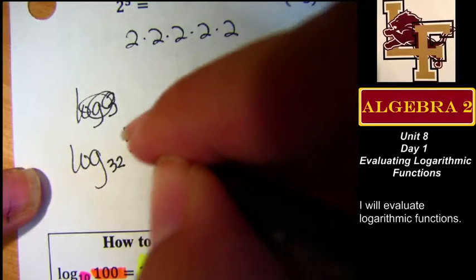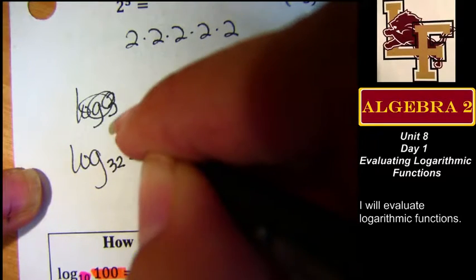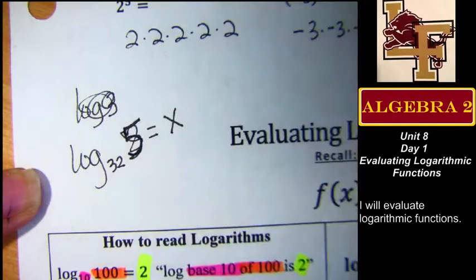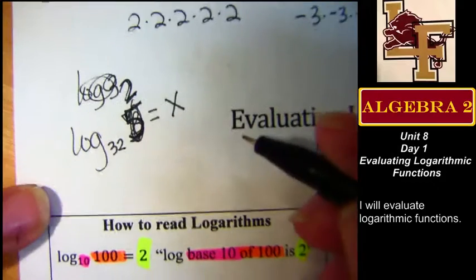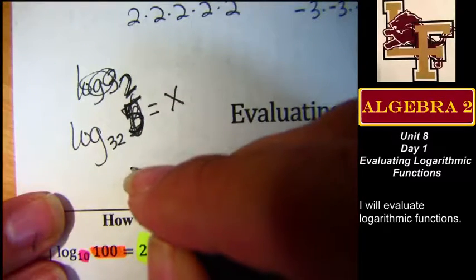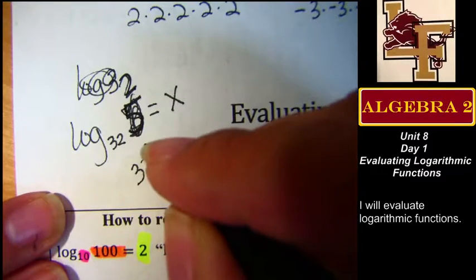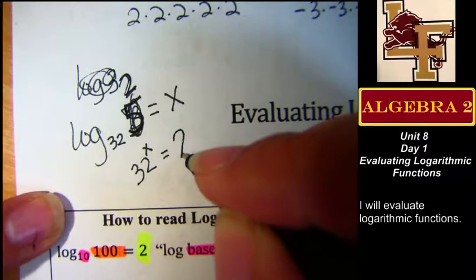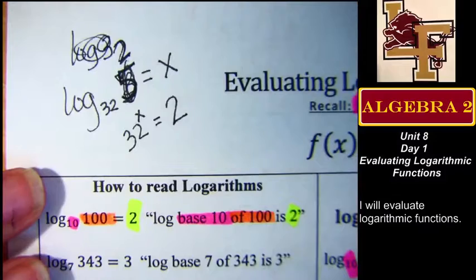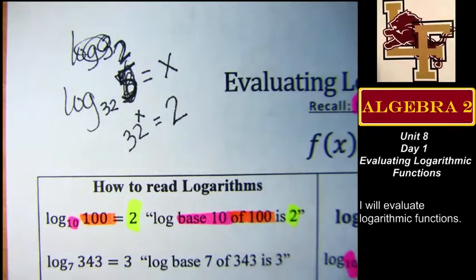Hang on. 32. No, it needs to be 2. Okay. So I'm going to try to figure out how many times I need to multiply 32 by itself in order to get to 2. How many times do I need to divide 32 by 2 in order to get to 1?